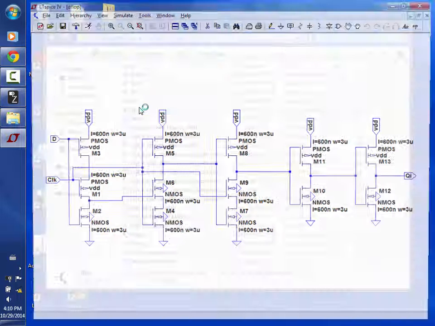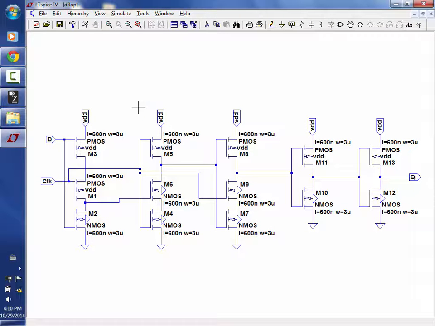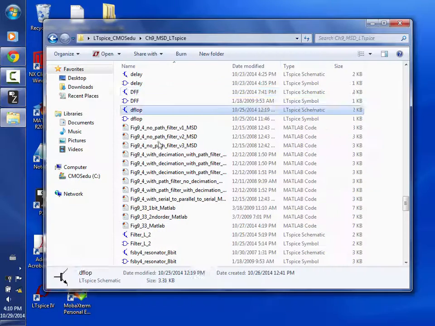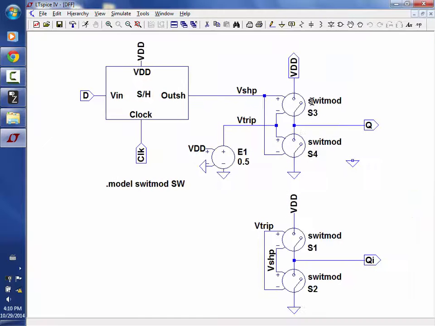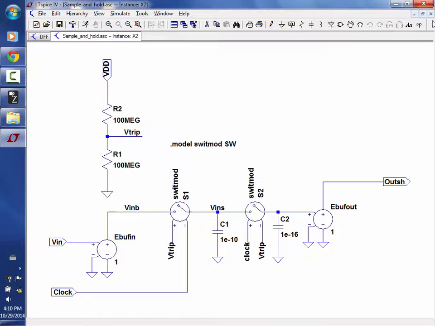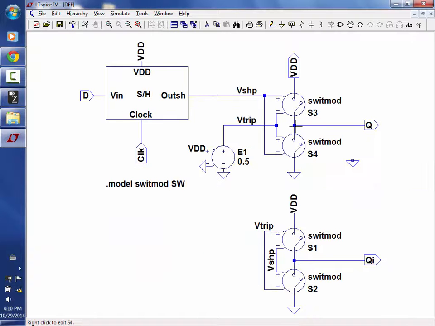This one's the one I drew last weekend. It's with real transistors. And if you use the ideal one, you see how it uses switches? If it doesn't capture the right value, both these switches can be closed, and it pulls the output to 2.5. And so you get 0, step 2.5.